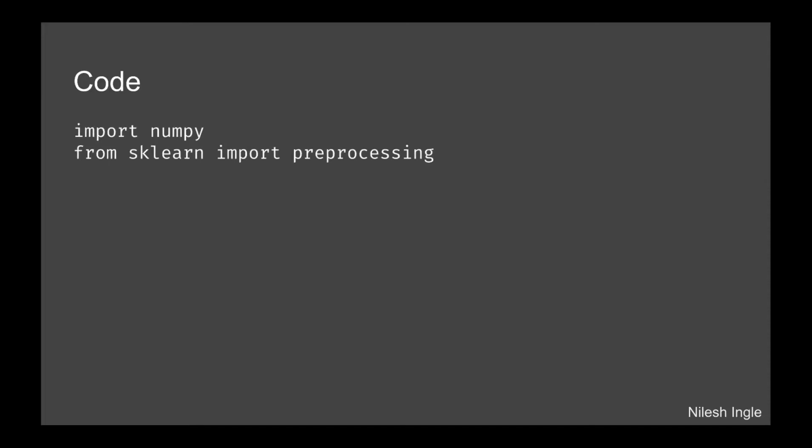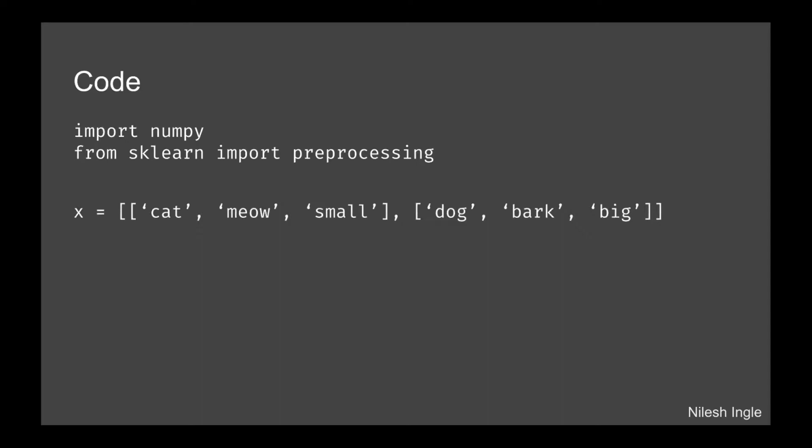So for the code, we want to import NumPy, and from sklearn, we want to import the pre-processing library. And this is sample data that we have, where the first column is one category, the second column is second category, and the third column is third category. So cat and dog, then we have meow and bark, and then small and big.